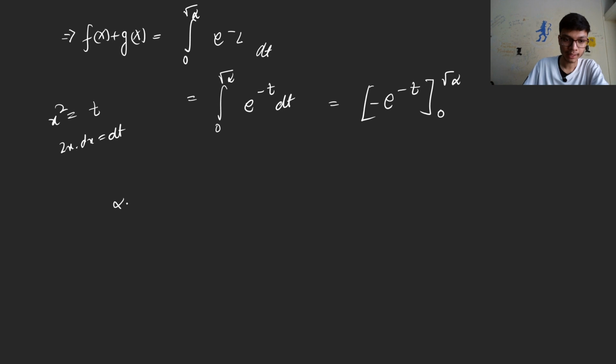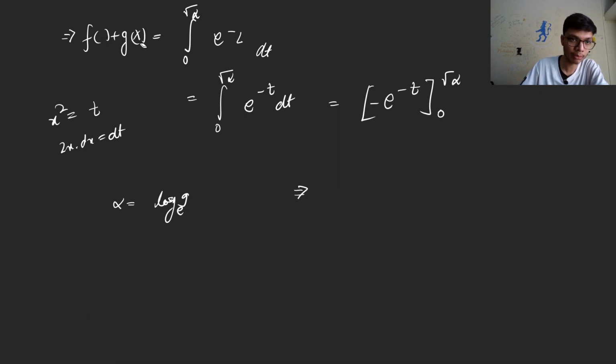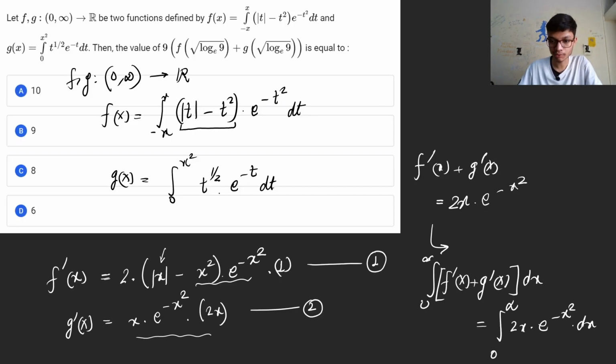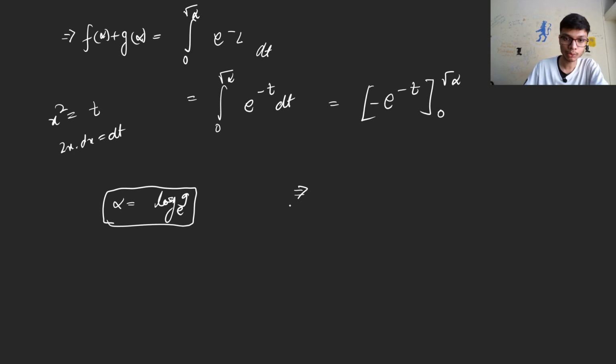So I can put alpha as log of 9 base e, which is going to satisfy the result. Since I'm integrating from 0 to alpha, the result on the left is going to be f of alpha plus g of alpha, because I integrated within the limits 0 to alpha, and alpha is this particular value, log of 9 base e.